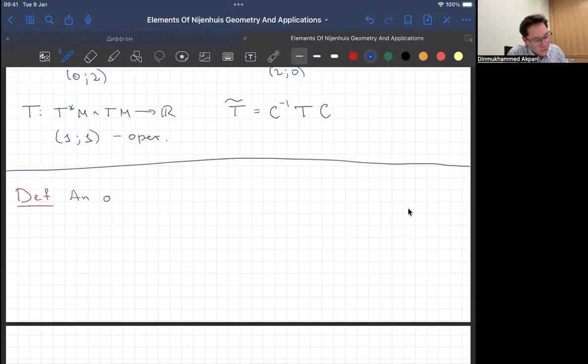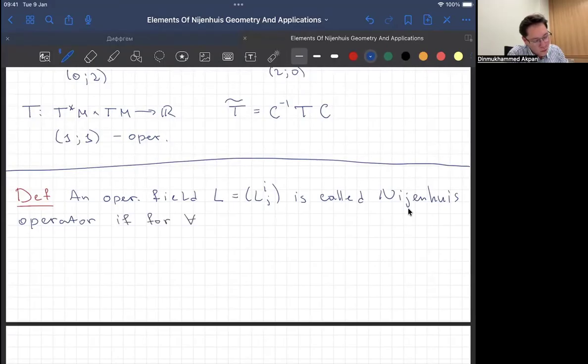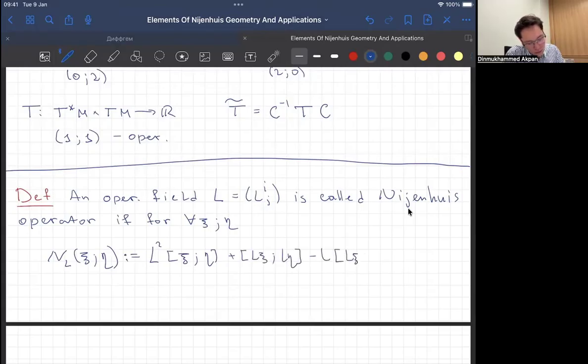An operator field L is called a Nijenhuis operator if for any two vector fields psi and eta, the expression L squared [psi, eta] plus [L psi, L eta] minus L [L psi, eta] minus L [psi, L eta] vanishes. This is called the Nijenhuis torsion.